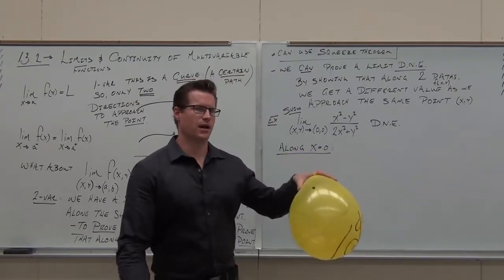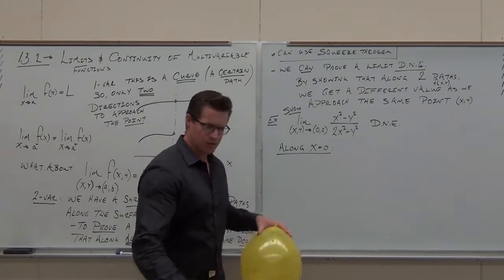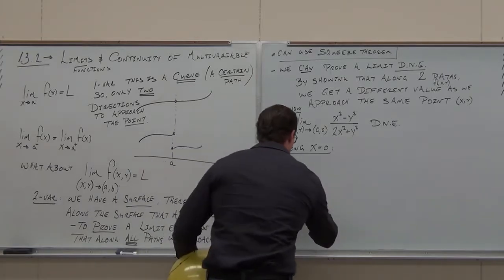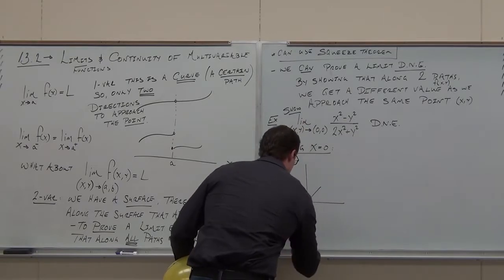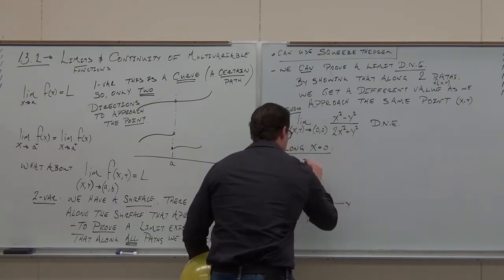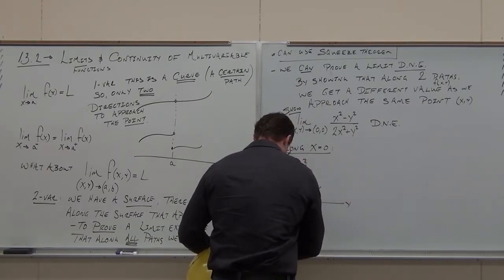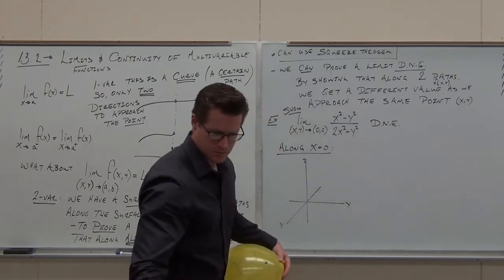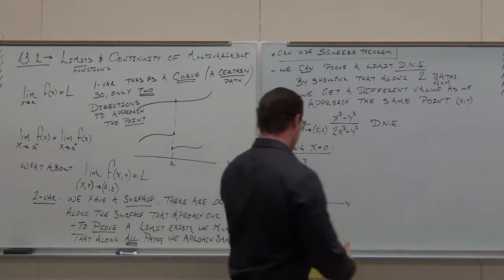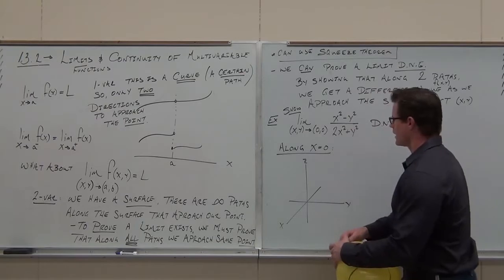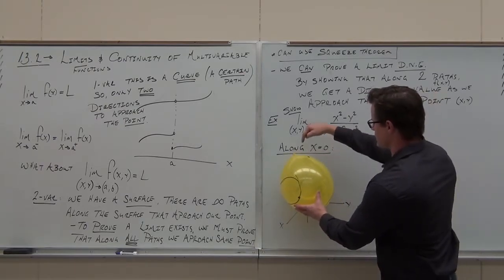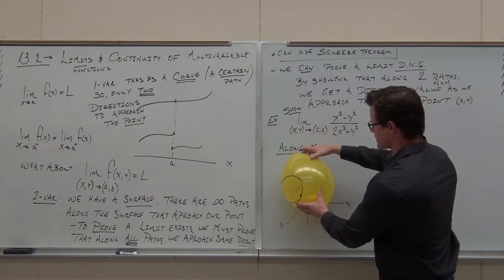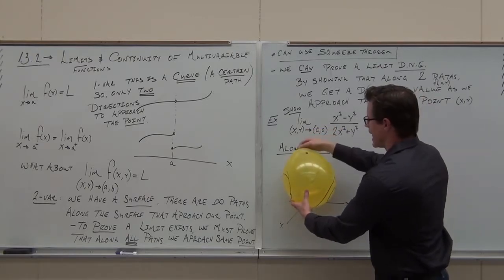Here's what this does. Can you imagine this? So along x equals 0, imagine this at the origin with that point right above the z axis. Here's what's happening.